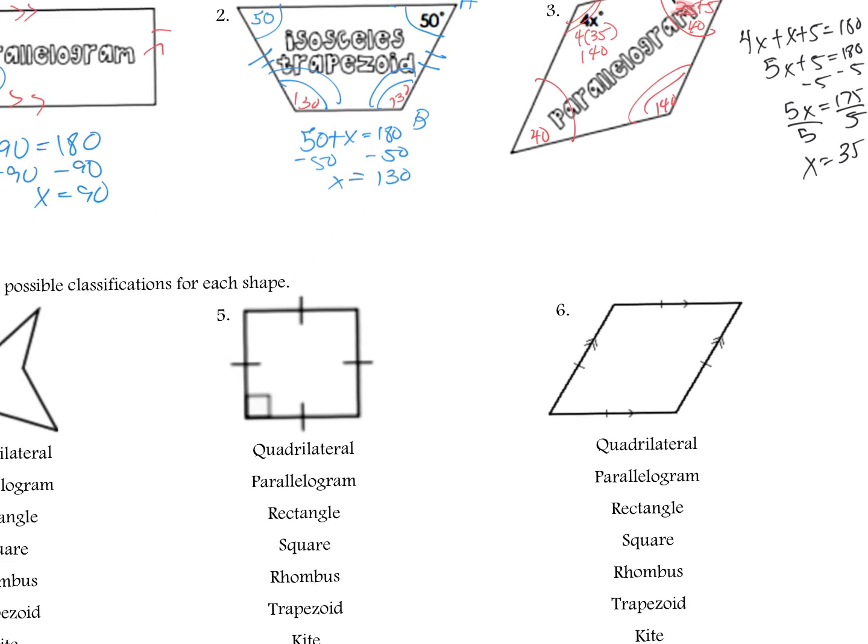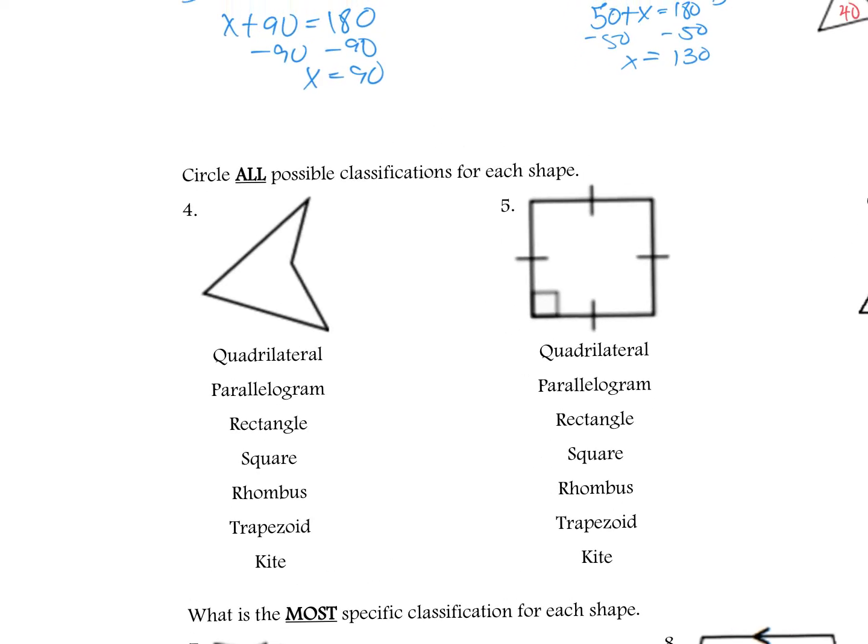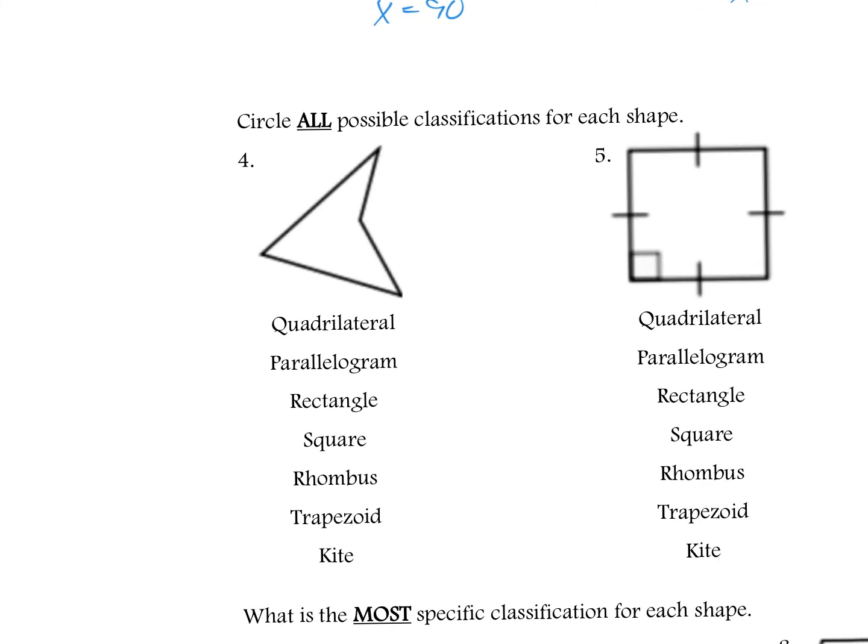All right, so the next part says circle all possible classifications for each shape. When I look at this real quick, I know for sure it is a 1, 2, 3, 4-sided figure. I know for sure it's a polygon. Is it a parallelogram? No, it's not. Opposite sides are not parallel.